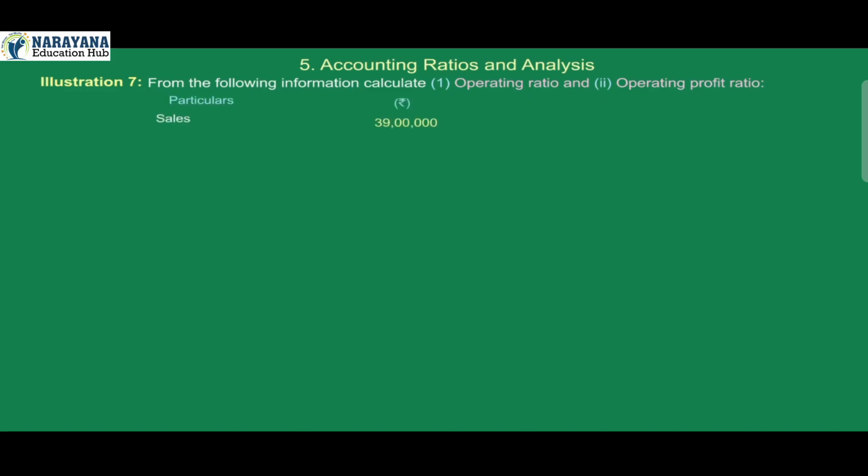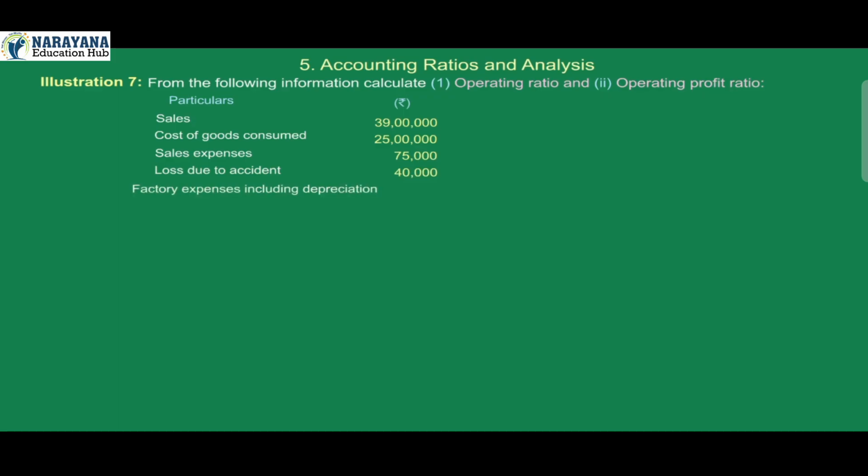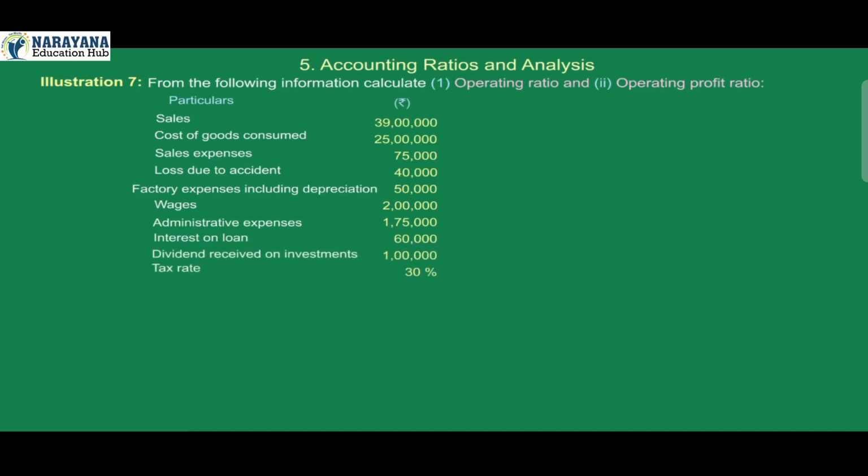Particulars: sales 39 lakh, cost of goods consumed 25 lakh, sales expenses 75,000, loss due to accident 40,000, factory expenses including depreciation 50,000, wages 2 lakh, administrative expenses 1,75,000, interest on loan 60,000, dividend received on investments 1 lakh, tax rate 30%.